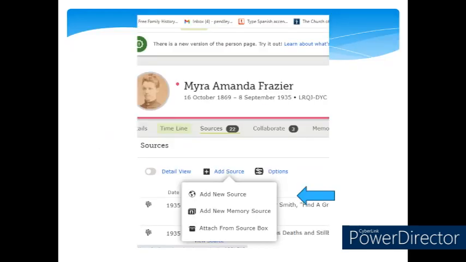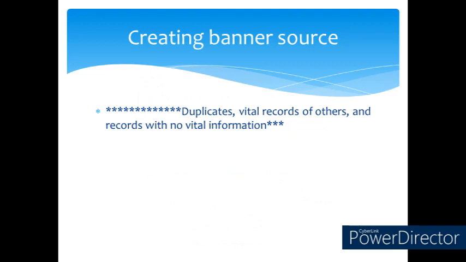I create my banner source by going to the top of the sources and clicking on Add a Source. This creates a source consisting of a title only. The banner that I want to use consists of the following title: a series of about 8 or 12 stars, followed by duplicates, comma, vital records of others, comma, and records with no vital information.